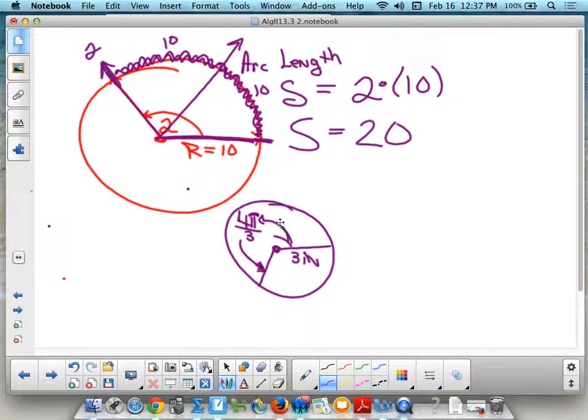So how far did I go around the circle? 4/3 pi. That's the angle. And how do you know it's in radians? There's no degree symbol. Without a degree symbol, it's in radians.